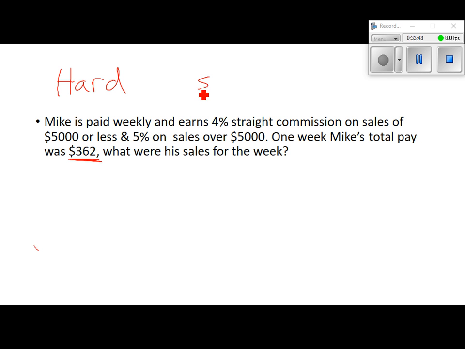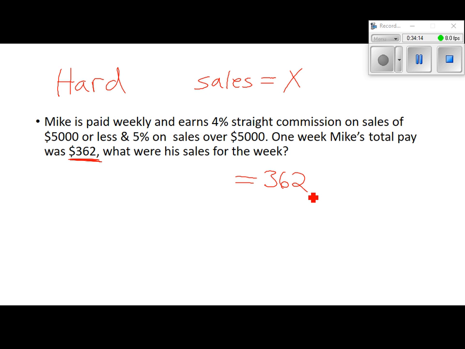So, in algebra, when you don't know something, you let it be what? That's what we're going to do here. We're going to say, okay, the amount of sales that he had was X. And then we're going to set up an equation. We know that when we're done, his total for the week should have been $362.